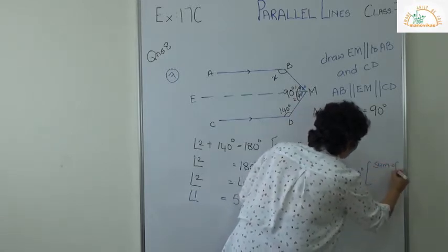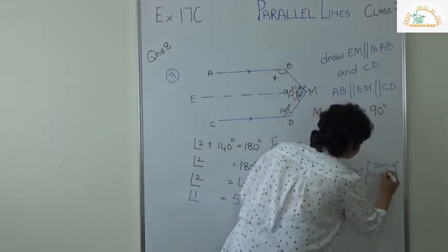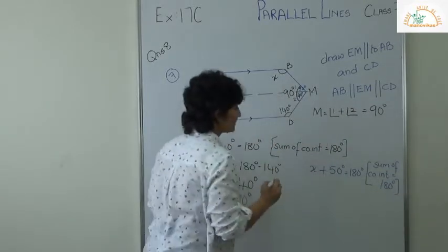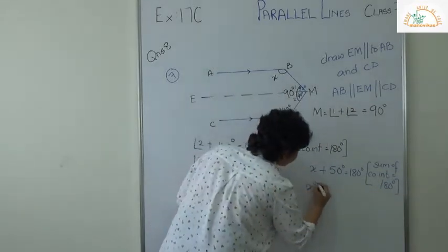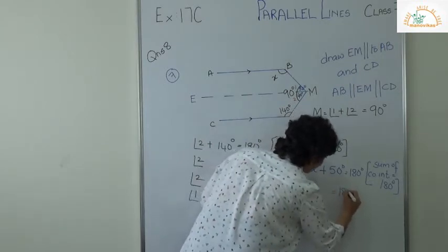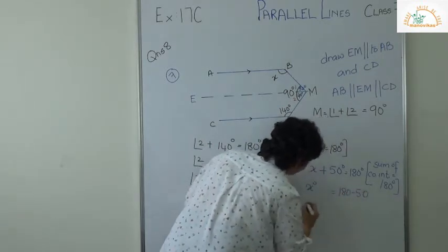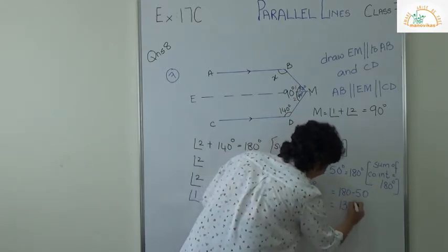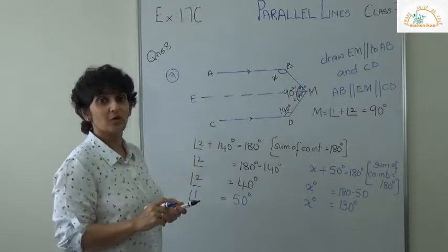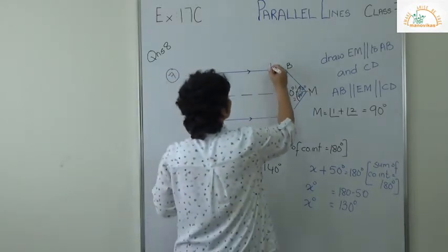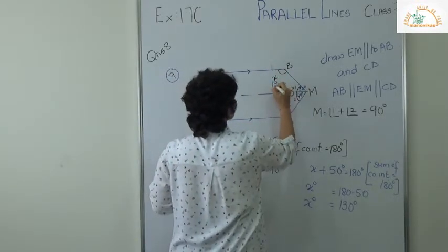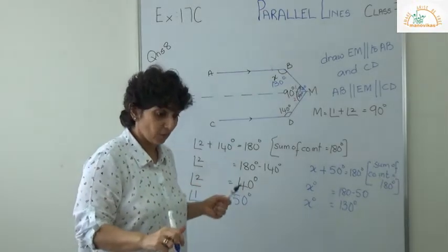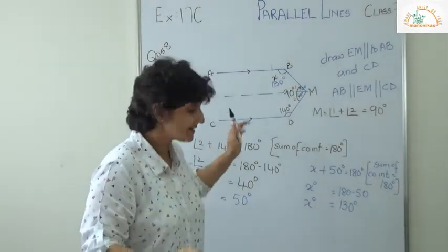Sum of co-interior angles is equal to 180 degrees. So, x degrees is equal to 180 minus 50, where x is equal to 130 degrees. So now you know what your x is. X is equal to 130 degrees. Did you understand? Is that clear? Alright. Children, question 8.